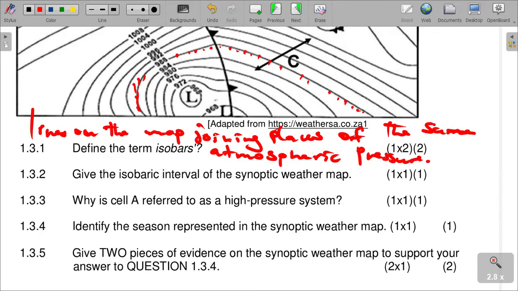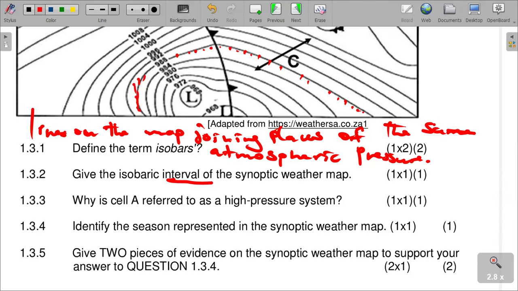And then: give the isobaric interval of the synoptic weather map. When we talk about the interval, we mean the difference from one isobar to the next.